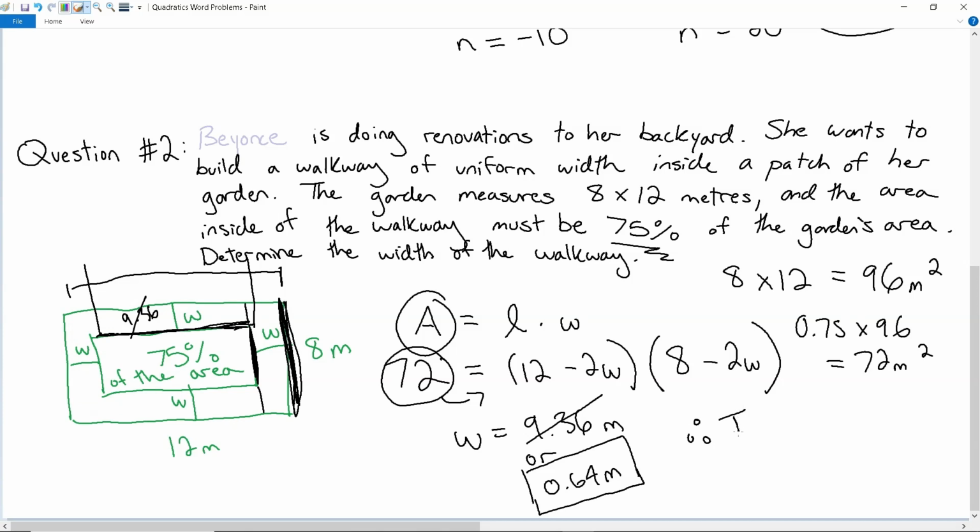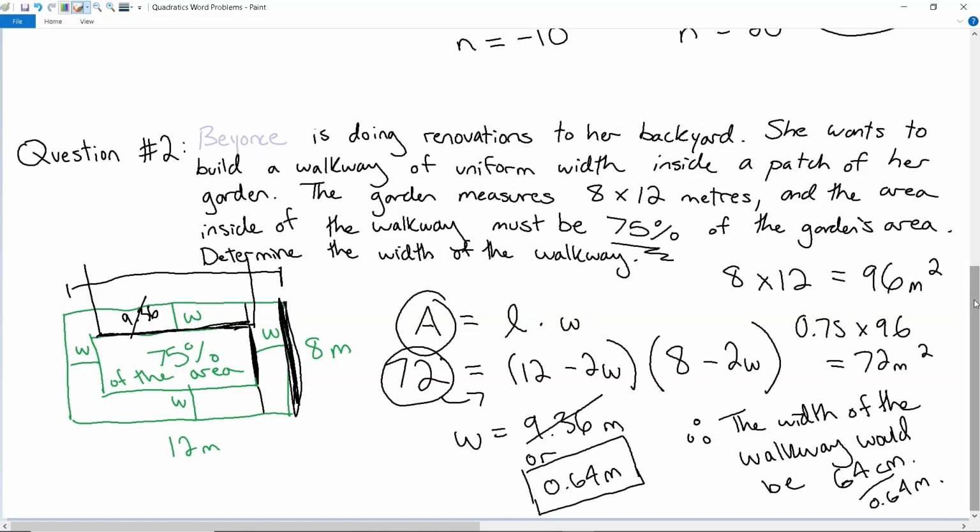Therefore, the width of the walkway would be 64 centimeters, or 0.64 meters. So there you have it.